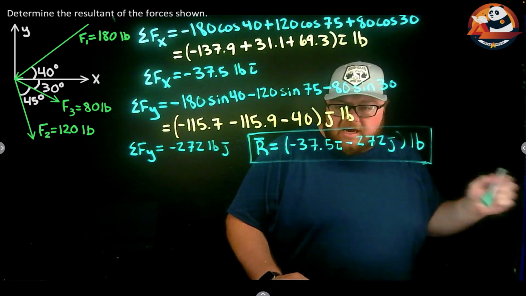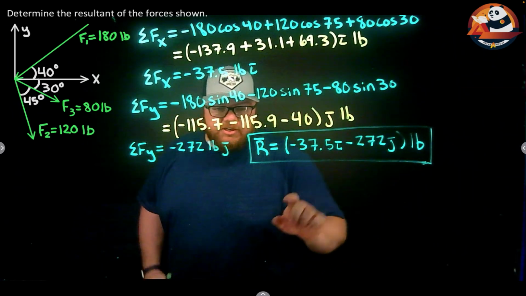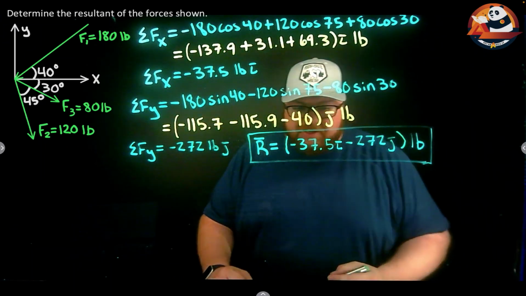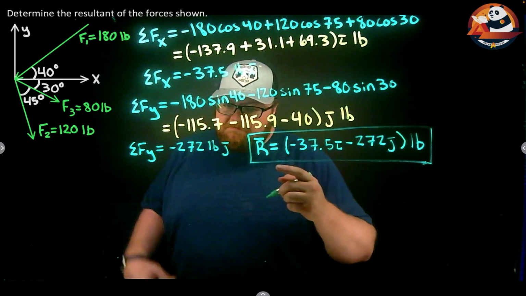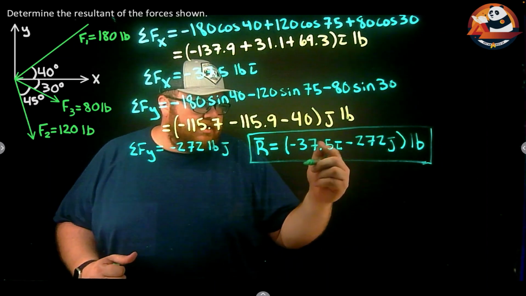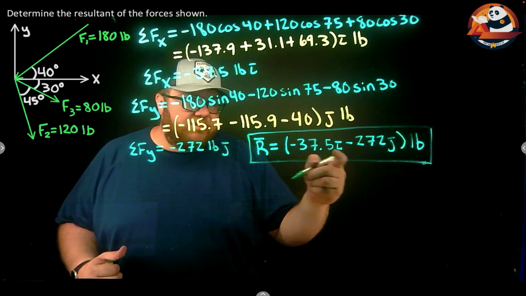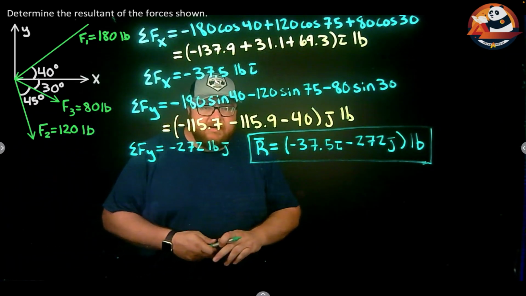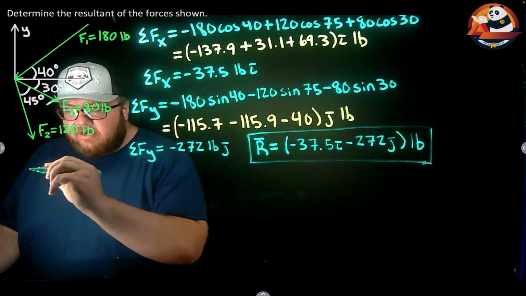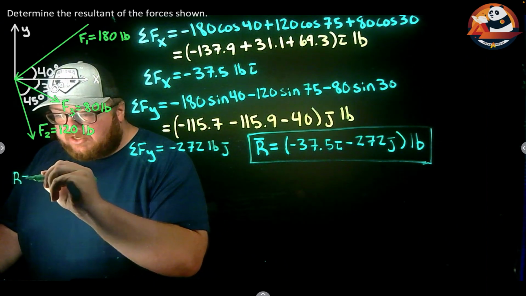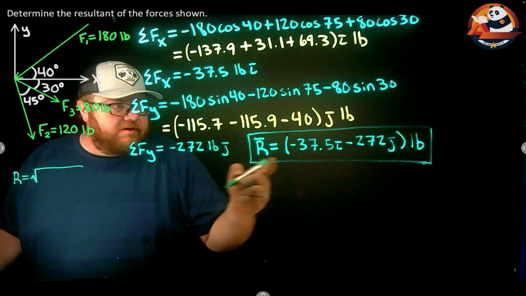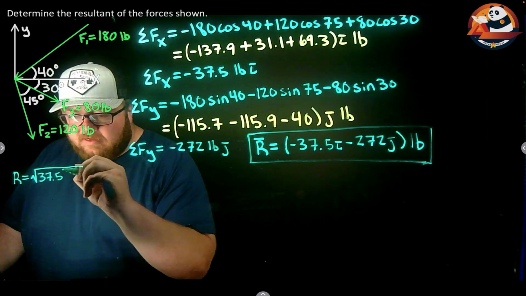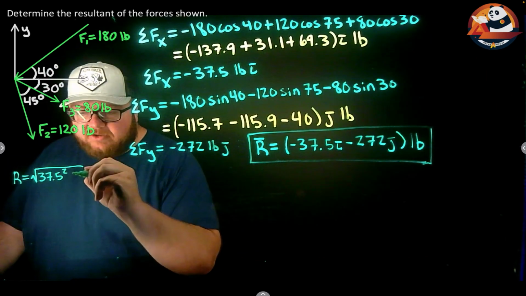Let's go ahead and take that and we can move on. Once I have magnitudes, I and J, 37.5, 272, and I and J for direction, I can get to a single force and angle from that. So my resultant's magnitude, R, should be the square root of 37.5 squared plus 272 squared.